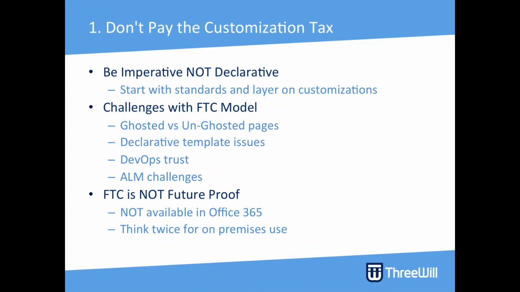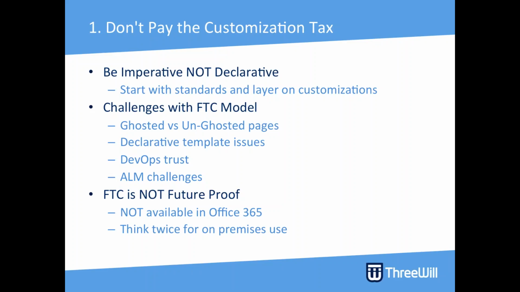That starts with learning to code imperatively and use C#, CSOM, etc. to actually deploy your features and customizations. Starting with a standard team site or a standard list, and then layering in your customizations is what you really want to do to take advantage of this cloud app model.